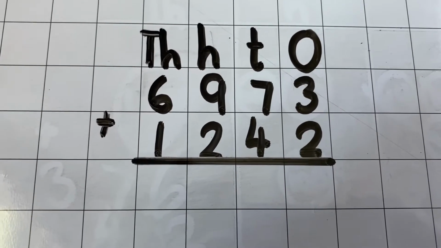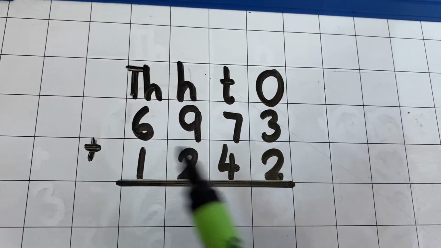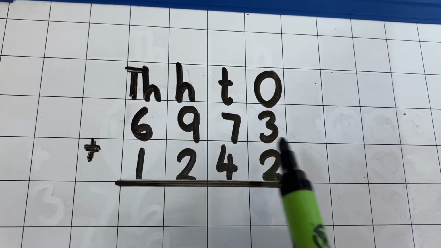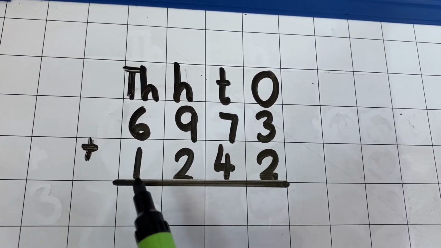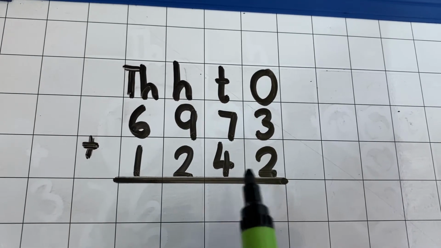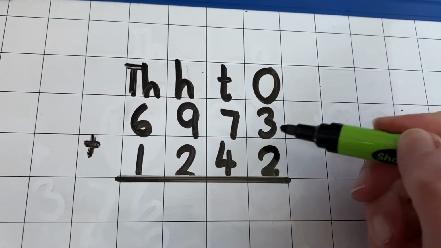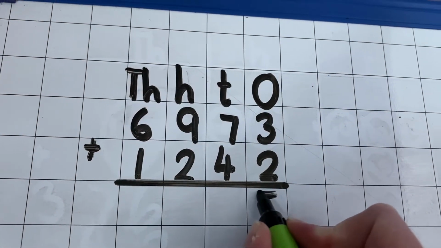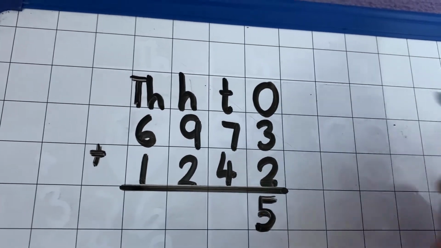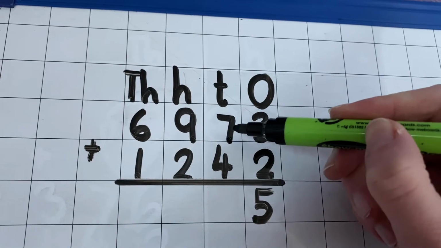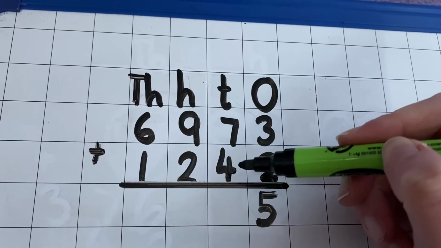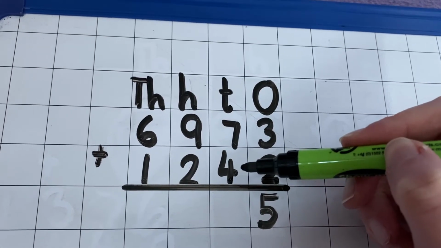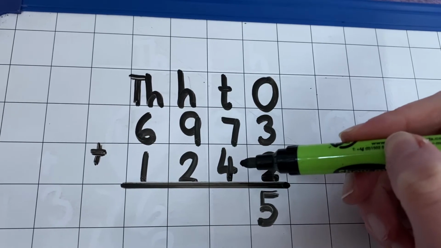So my answer is 2,518. Finally, children will move on to the compact method. 6,973 add 1,242. Let's start with the ones. 3 add 2 is 5. 7 tens, meaning 70, add 4 tens, meaning 40, makes 110.